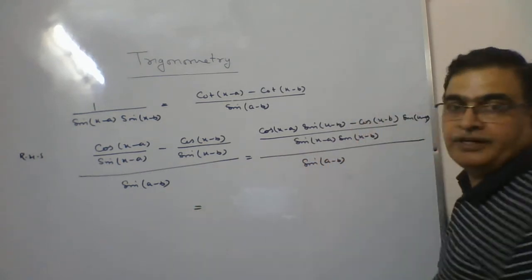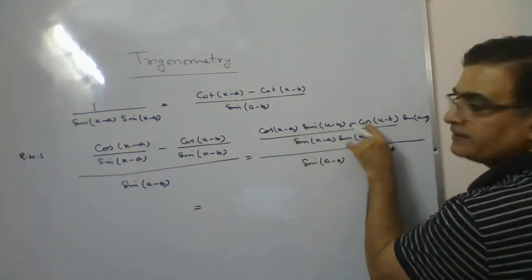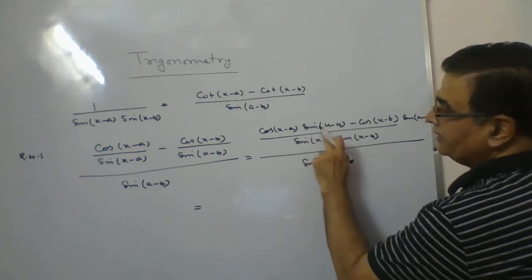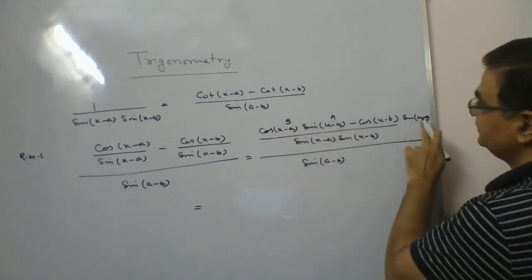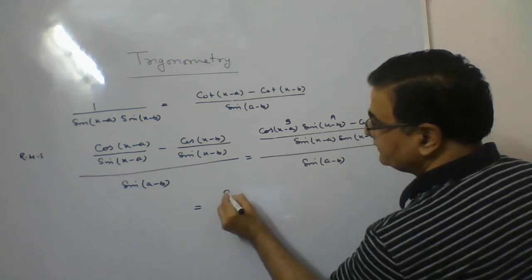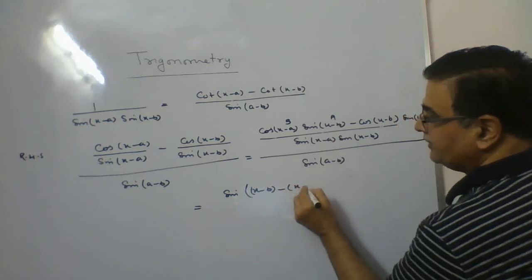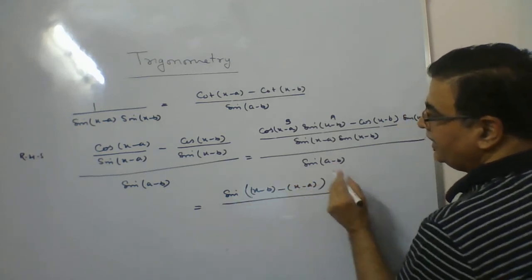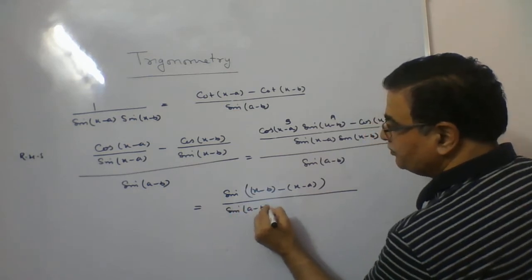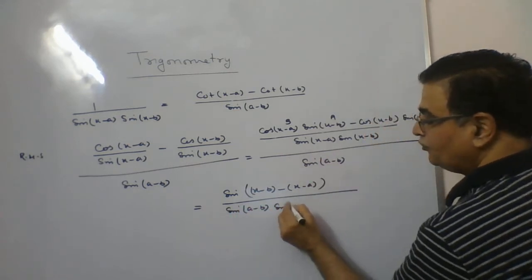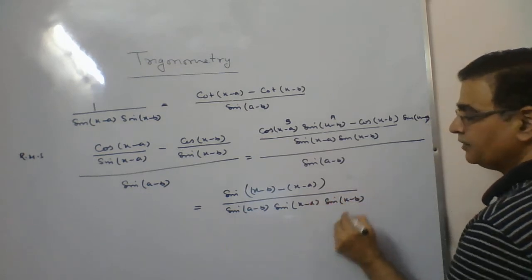Now when you solve it, this is sine a cos b minus cos a sine b we have. So sine a, this is a, this is b. So sine a cos b minus cos a sine b. So the formula says sine of (x minus b) minus (x minus a). And this term will go down now. So left is sine (a minus b), sine of (x minus a) and sine of (x minus b).